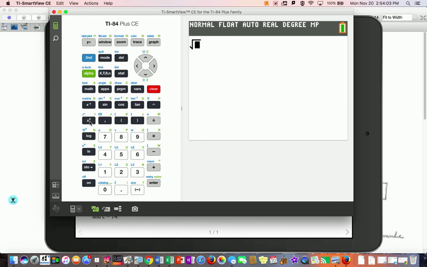So 10 squared plus 12 squared minus 2 times 10 times 12 times cosine 75.